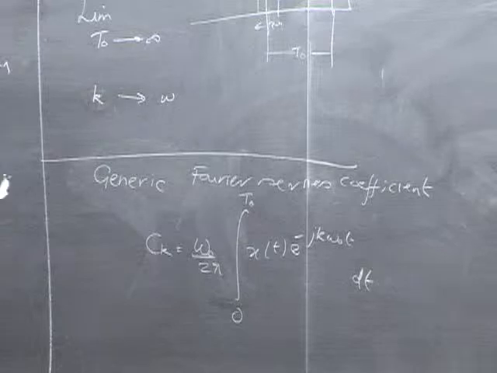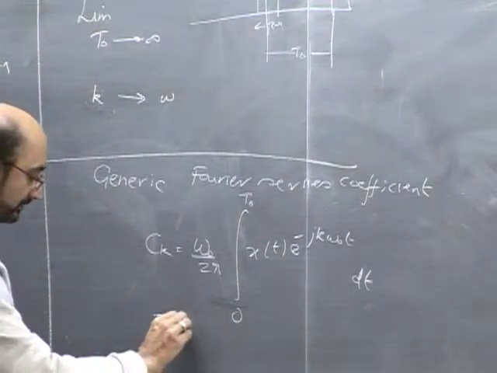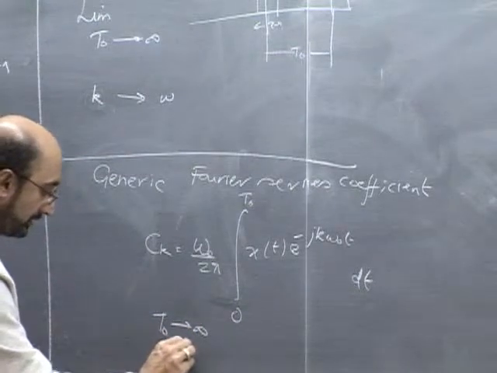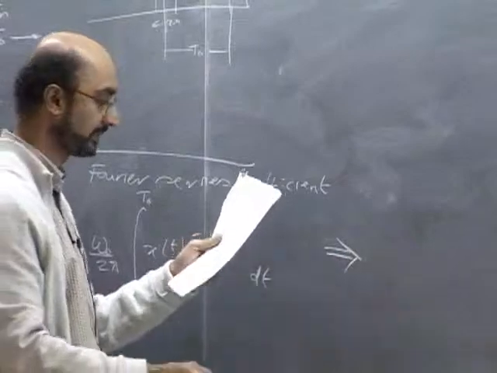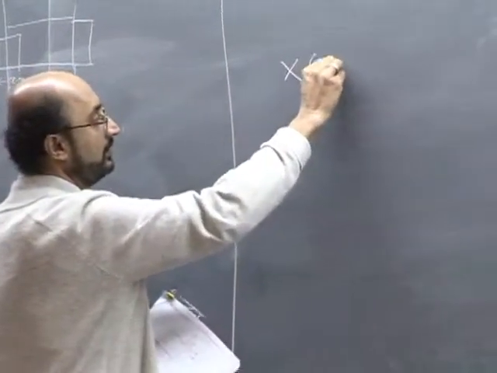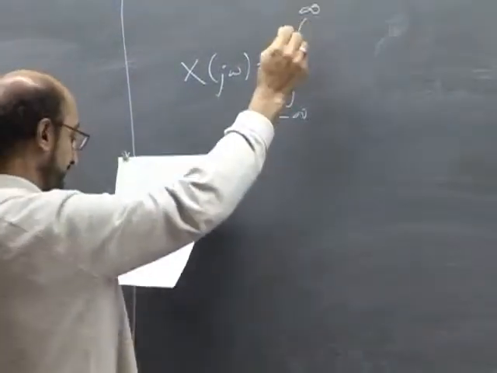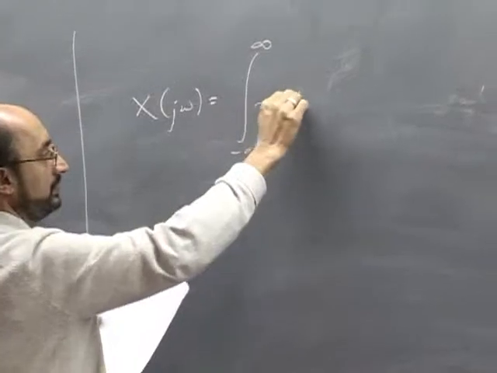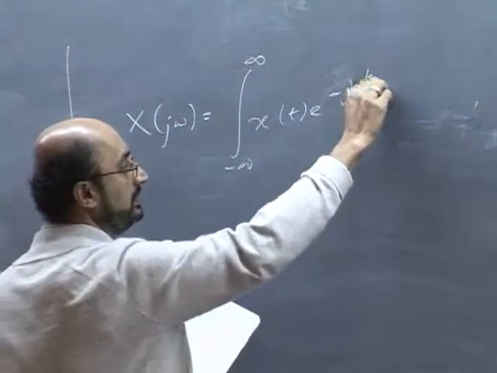Now we have t0 tends to infinity, so omega naught tends to 0. This is going to be transformed, and what we'll say is that x of j omega equals the integral from minus infinity to infinity of x(t) e to the minus j omega t dt.